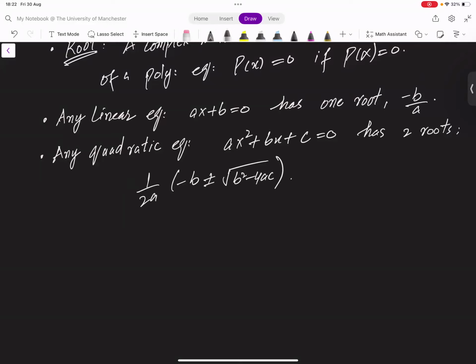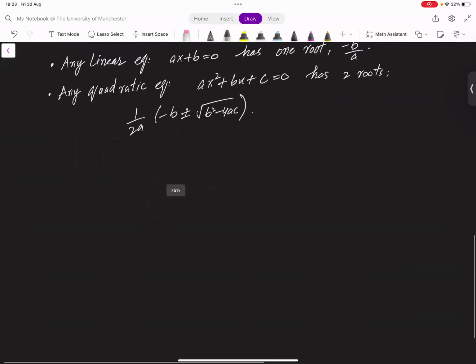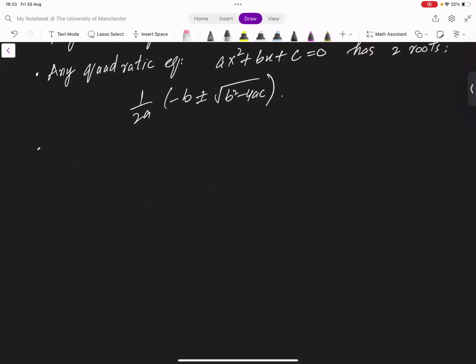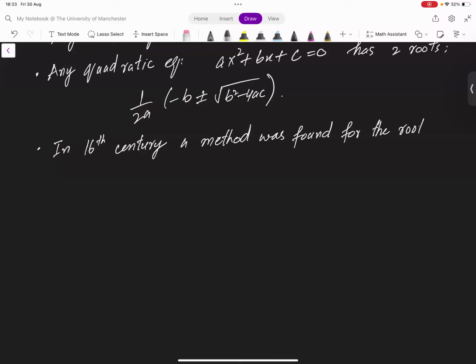Indeed, while the formula for the roots of a quadratic was known to the Greeks, it was not until the 16th century that a method for finding the roots of a cubic was found by the Italian mathematician Scipio Ferro.